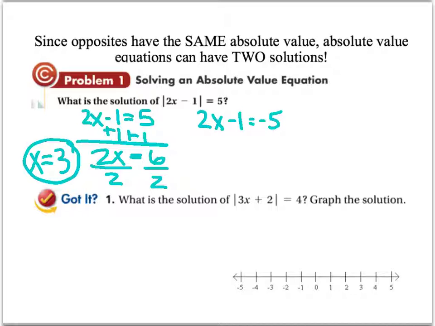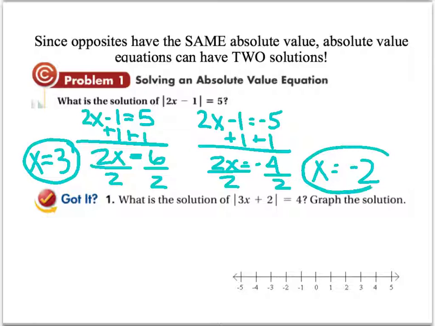One x value is 3. And an x value is negative 2. So if you would substitute 3 or negative 2 back in, you would get a true statement.